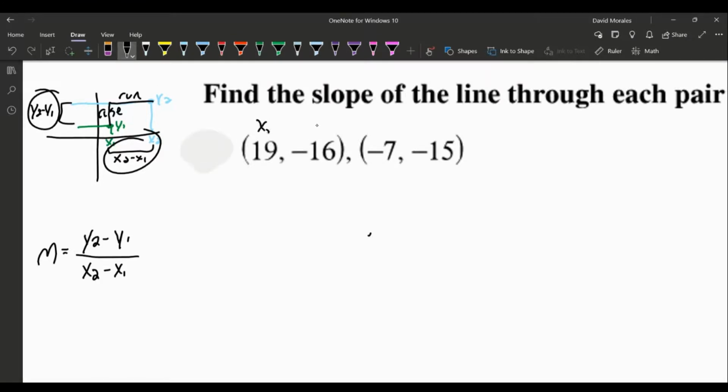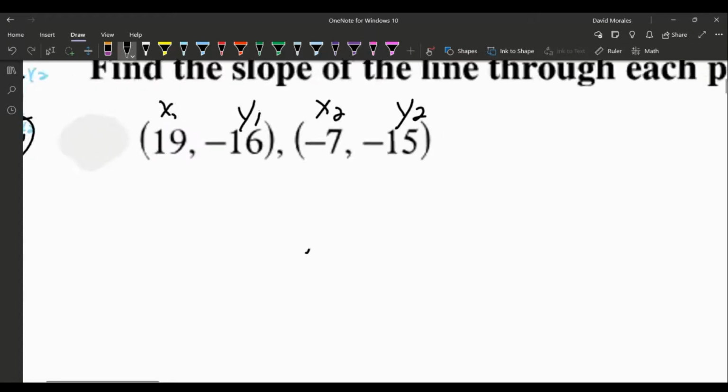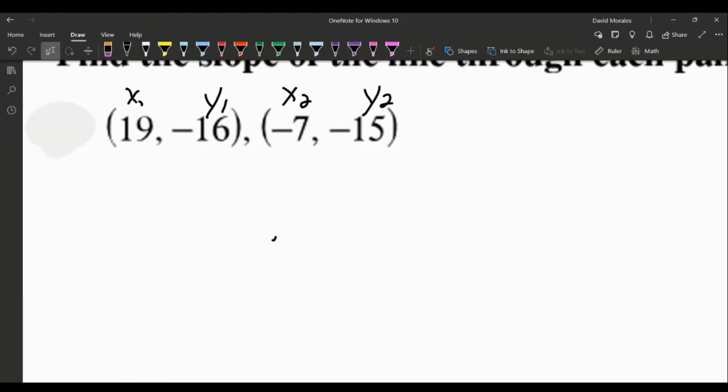So label this x1, y1, then label this x2, y2. Okay, label that. Then write your formula. Your formula is y2 minus y1 over x2 minus x1 equals slope.